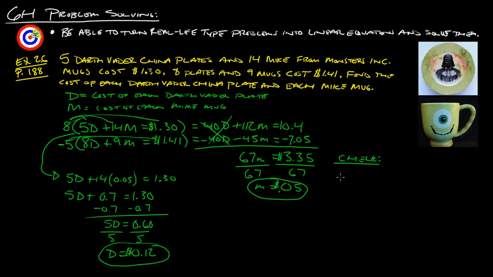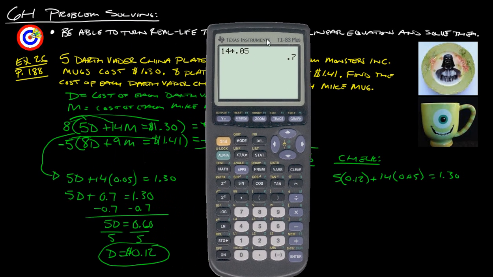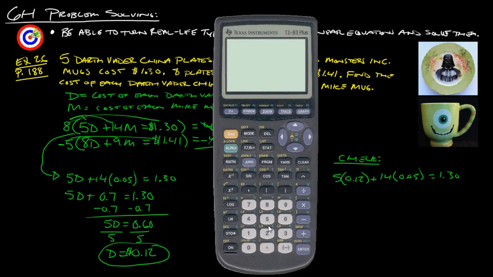So let's use this first formula here: 5 times d, which is 0.12, plus 14 times m, which is 0.05, should equal $1.30. Let's calculate that out really quick and see what we get.